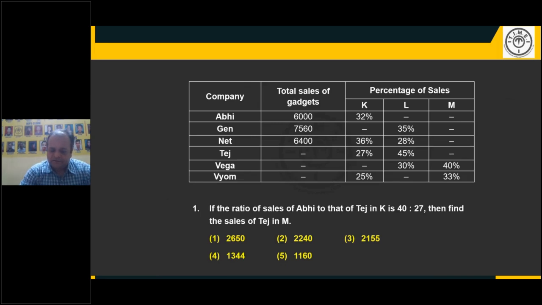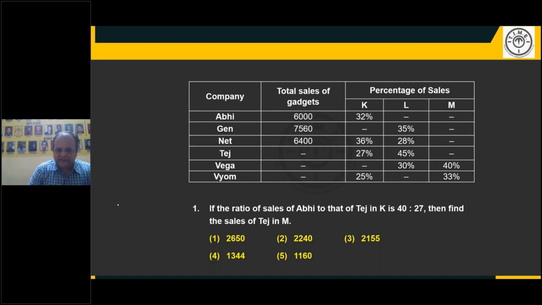All right, so this is your first question. If the ratio of sales of Abhi to that of Tej in K is 40:27, find the sales of Tej in M. So I have been given the ratio for Abhi to that of Tej in village K, and some values have been given.